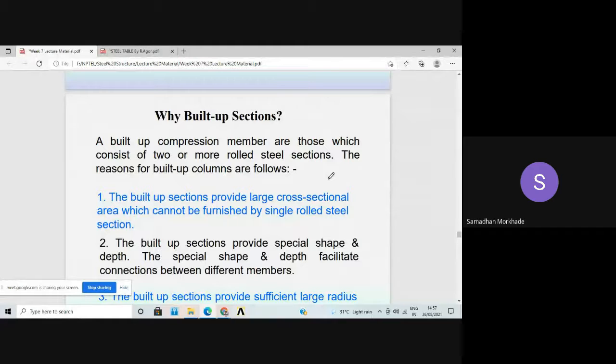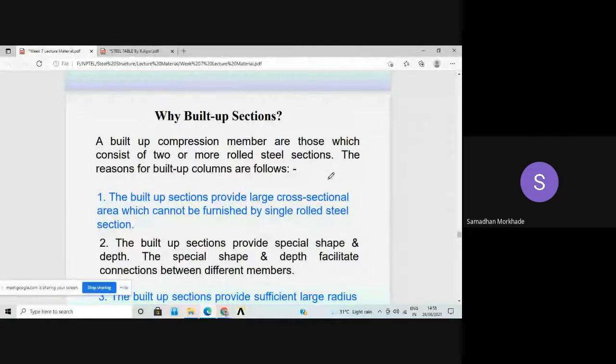Depending upon the end conditions, select the value of K1, K2, K3 from table number 12 and calculate lambda VV and lambda phi, and finally lambda equivalent, and put the value of lambda equivalent in the phi equations and calculate the FCD, and from that FCD calculate the PD, and that PD must be more than P. So this is the same procedure you have to follow even for single angle sections.